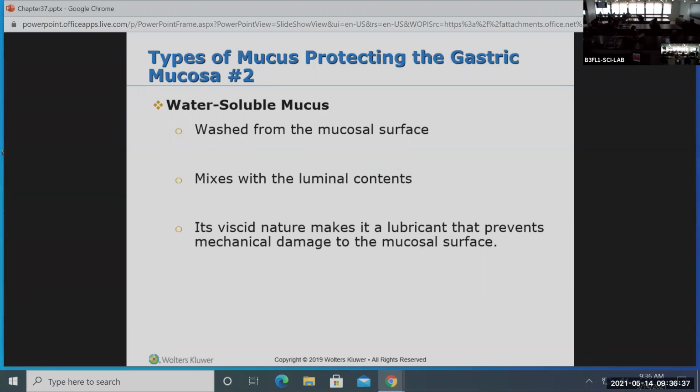The water-soluble mucus mixes with the luminal content. As a result, its viscid nature makes it a lubricant that prevents mechanical damage of the mucosal surface. Even though this mucus is water soluble, still they do have a protective function.